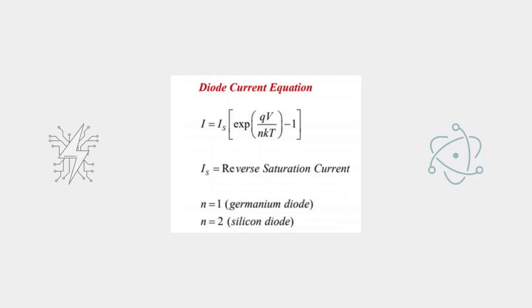Now, n is the value which is 1 for the germanium diode. If you are trying to calculate the value of Boltzmann constant using a germanium diode, then you have to take n equal to 1, and if you are using a silicon diode, then you have to keep the value of n equal to 2.